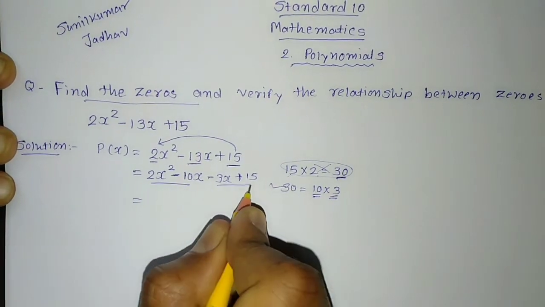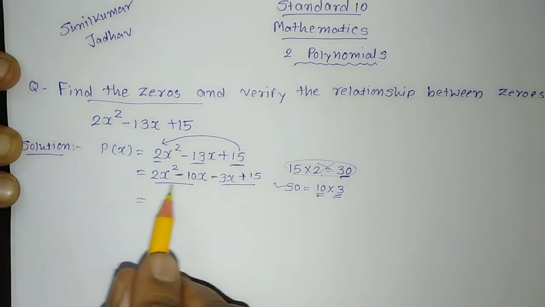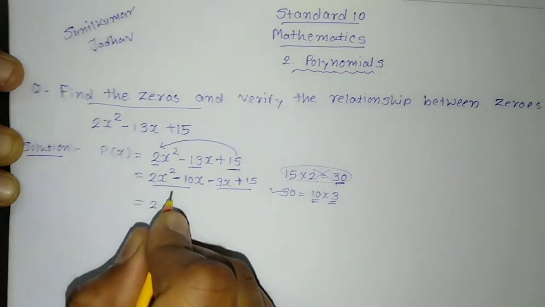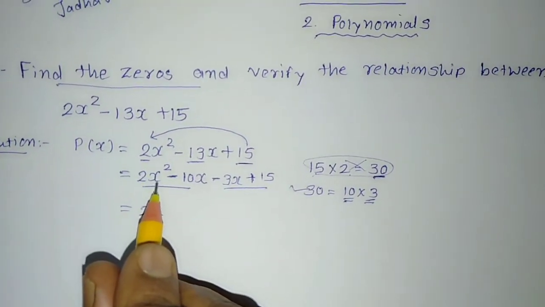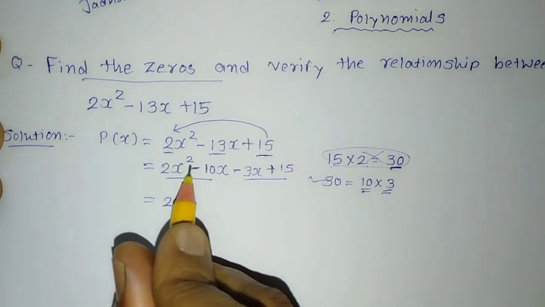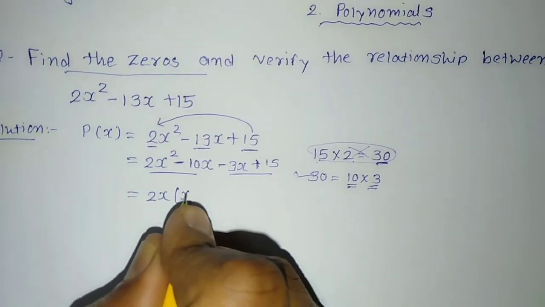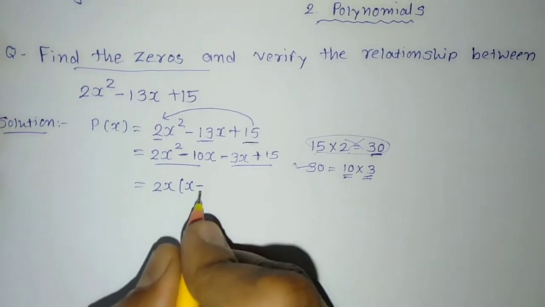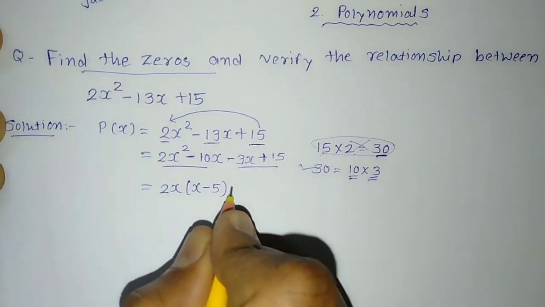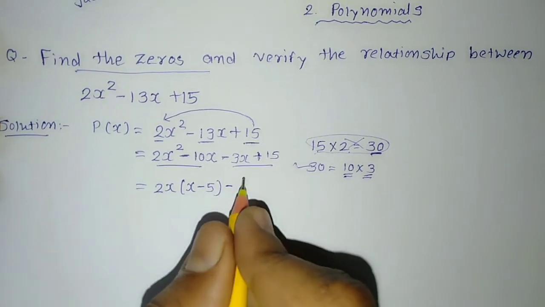Now I'll take the common from these 2 pairs. I'll take it common from here. It is 2 as well as the x is common. So 2x is taken to be common. Here what is remaining? 2x has gone. It is 2x square. So 1x is remaining here. So x minus x has gone out. 5 2s are 10. So x minus 5. This minus sign I have taken common.